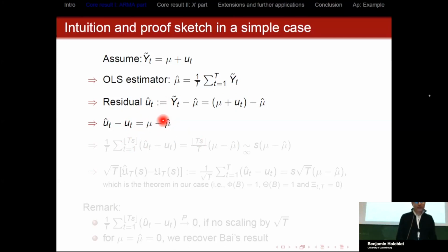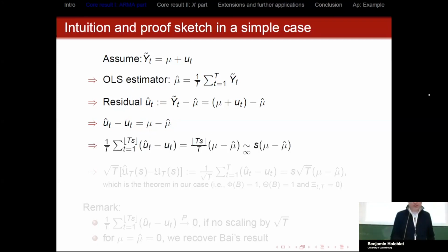But if you multiply this difference by the square root of T, it will typically converge to a Gaussian, except if you have some rate of convergence, then it will blow up. You will have an asymptotic gap. And this is basically what happens in more complicated cases. Of course, in more complicated cases you need to characterize this gap, and you need to use more tricks to get rid of it. But that's basically the essence of the mathematics behind.